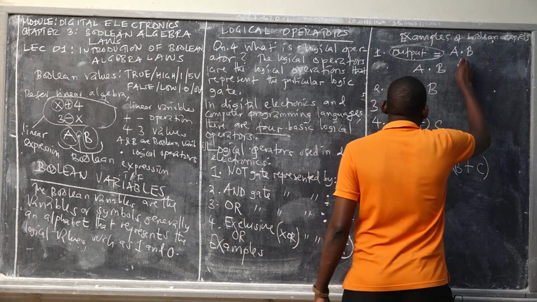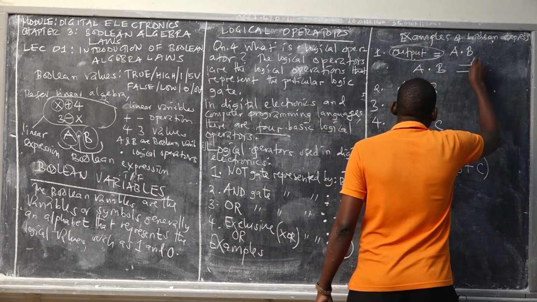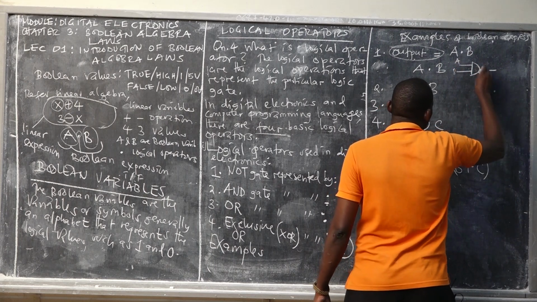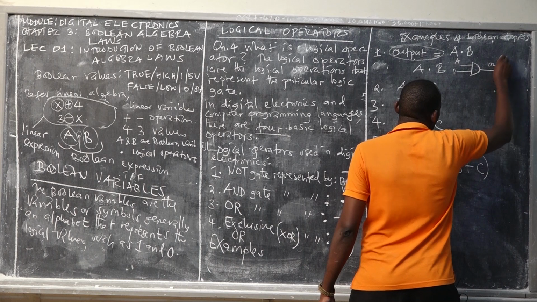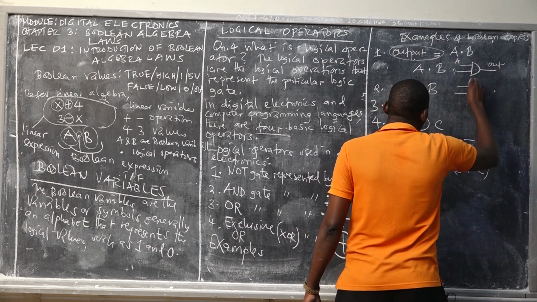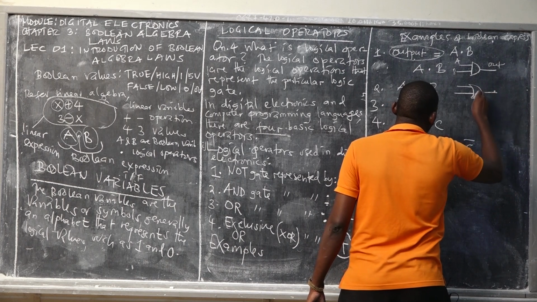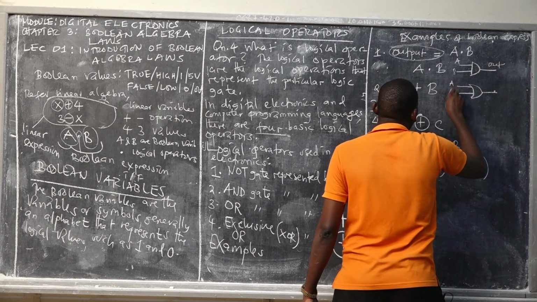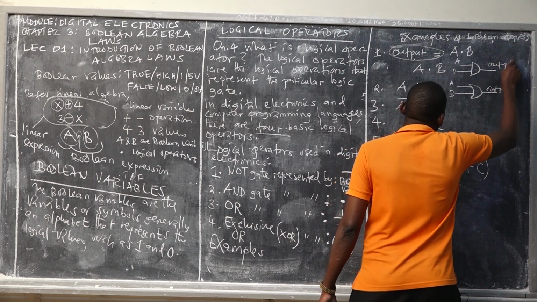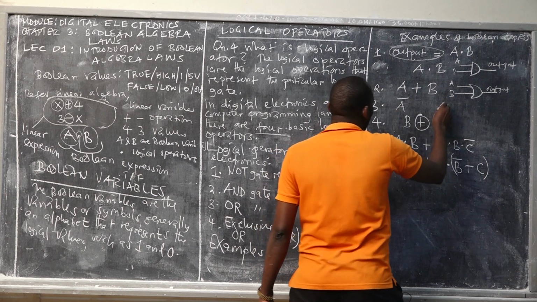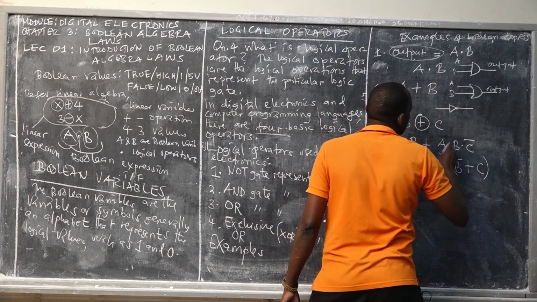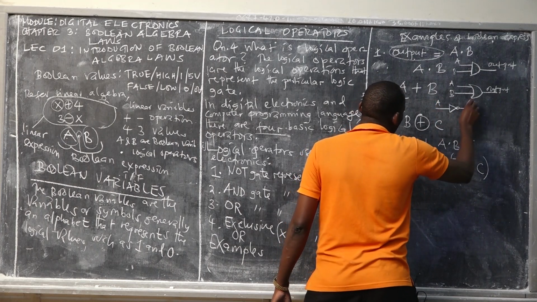This one, if you represent its schematic circuit diagram, is this one. A, B. This is AND gate, and this is out. For this case, if you represent it, this is A or B, and here we have output. For this one, if you want to present it, there is a NOT gate. So this is A and this is out.